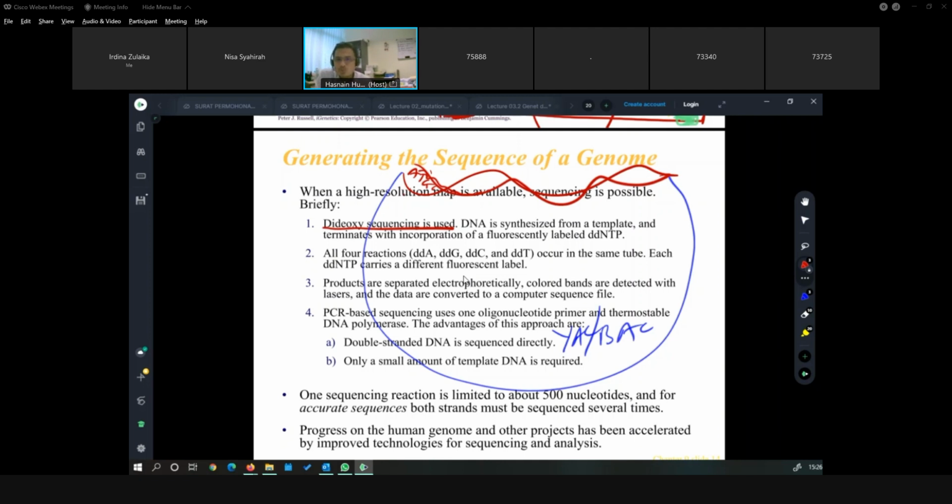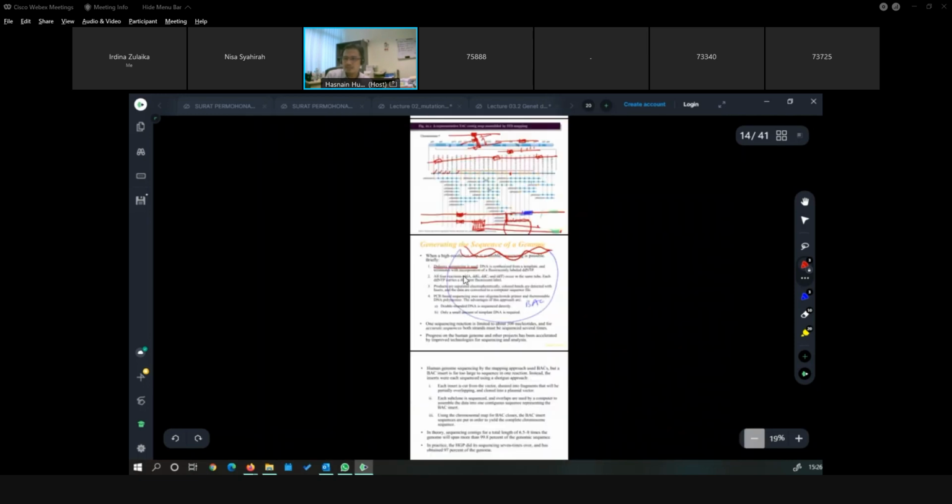To do sequencing of this, you use the dideoxy sequencing method. Dideoxy sequencing is used to do DNA sequencing.